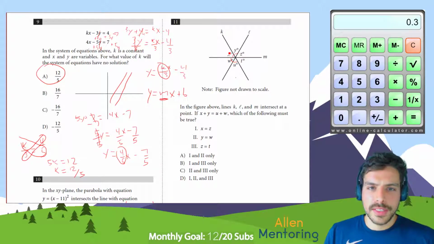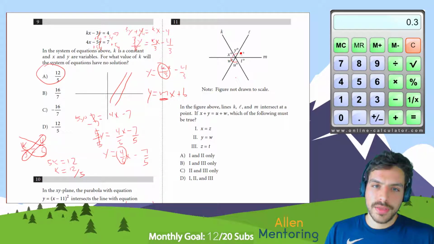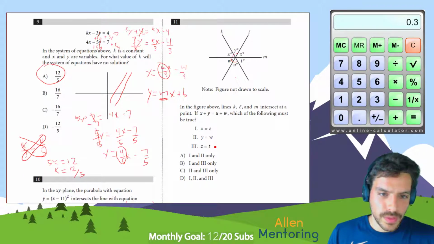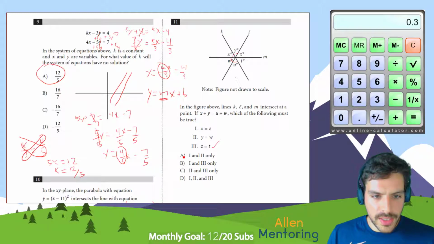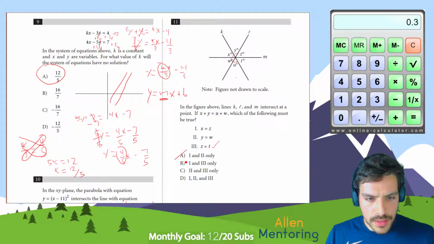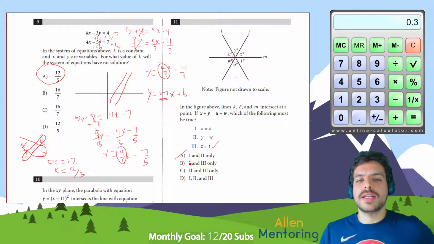We know that, because this is 180 and this is 180. So if you take out this portion and take out this portion, which are equal portions, then whatever's remaining must be equal as well. So we know that this is equal for sure. So we can knock out this, okay? Okay, so we only knocked out one.